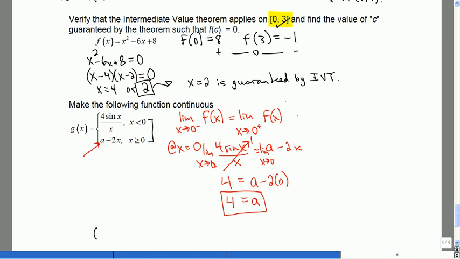So if I was to choose a value of a equals 4, then I know that the left-hand side and the right-hand side will be equal, so therefore the limit exists, and it will be equal to the value of the function, because at 0, that means 4 minus 2x. We can just verify this.